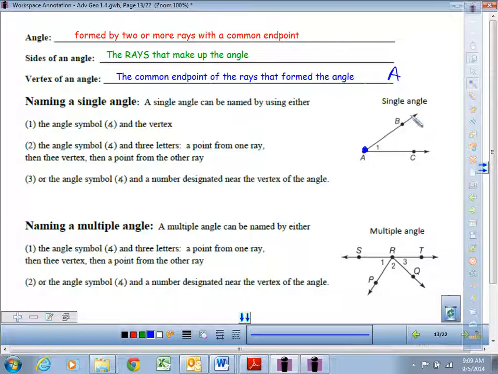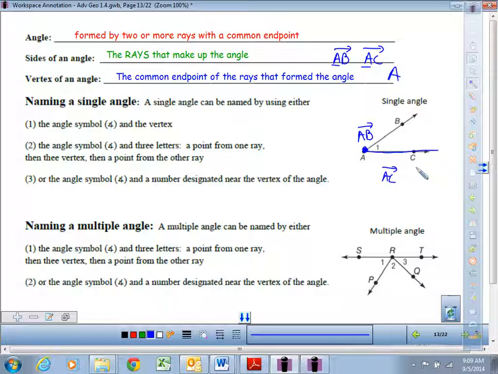So we would name this ray AB. That would be one side, ray AB. What's the other side? Ray AC. Notice what comes first in both of those. The vertex comes first when we're naming the sides. So this is side AB, and this is side AC, and they are both rays.